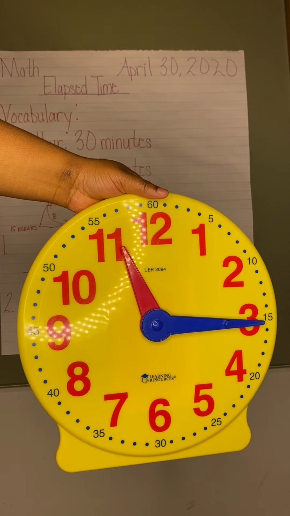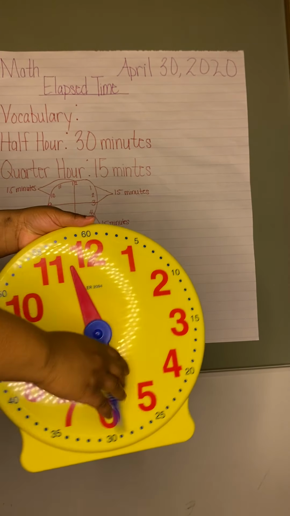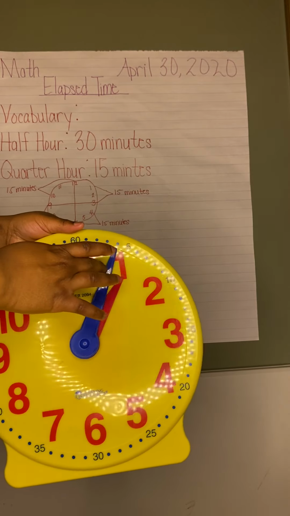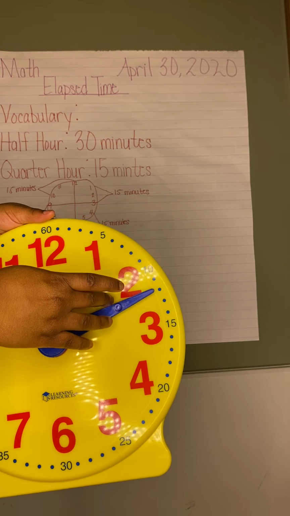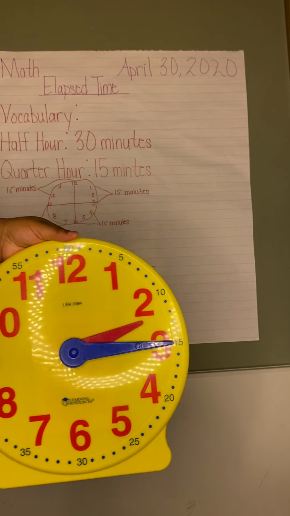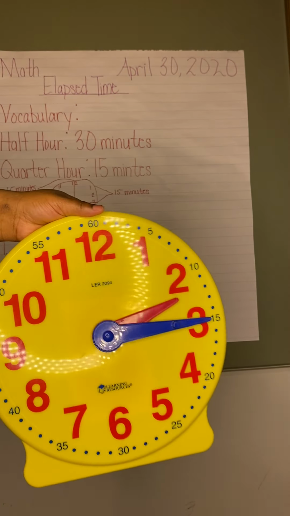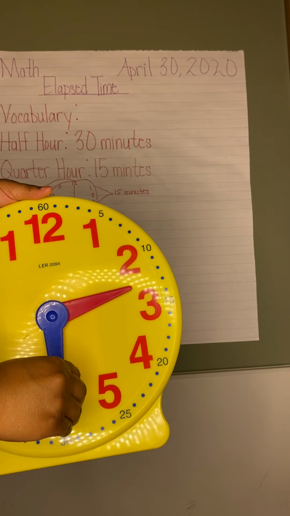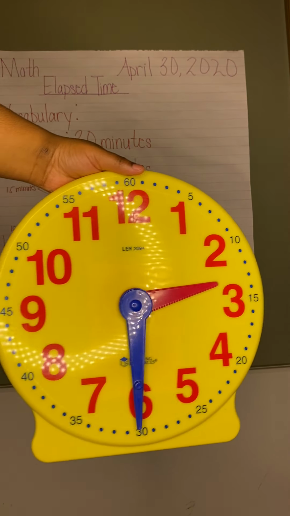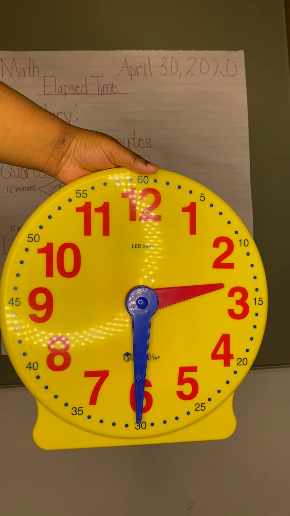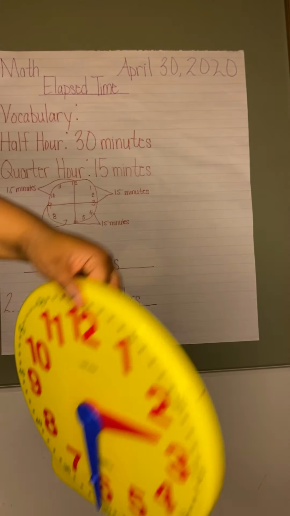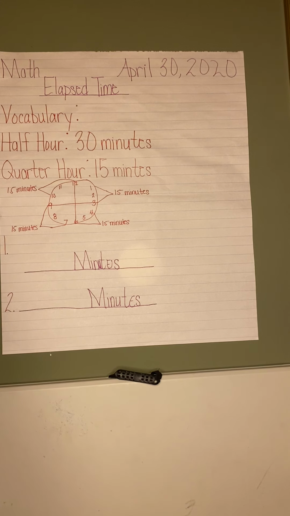And then for number 2, we started at 2:15 and we finished at 2:30. And we realized that how many minutes had passed? 15 minutes. Great job. So you're going to keep that same concept going. Go ahead and flip the paper over. You're going to keep that same concept going on the back for numbers 1 through 3.